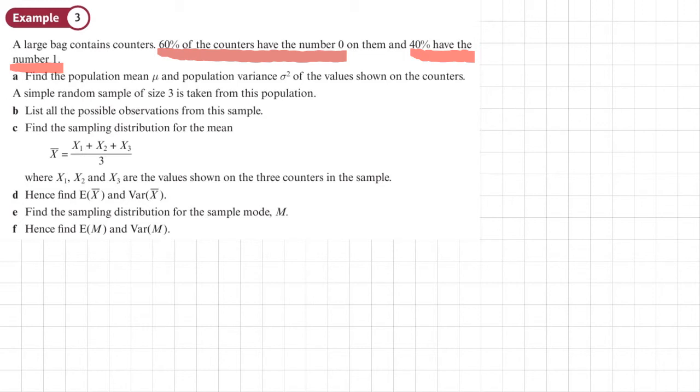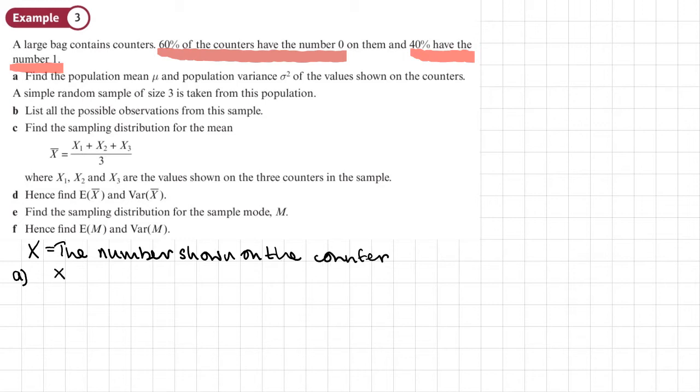Okay, so this is a discrete distribution, and X in this case is just going to stand for the number shown on the counter, and because it's a discrete distribution, we'll have our probability distribution like this, where our outcomes are 0 and 1, and the probabilities of those are 0.6, 60%, and 0.4, 40%.